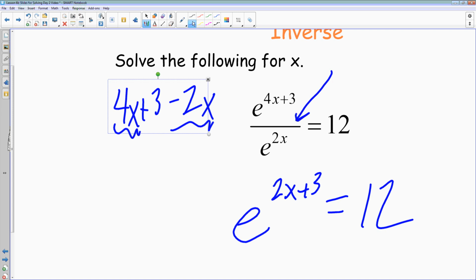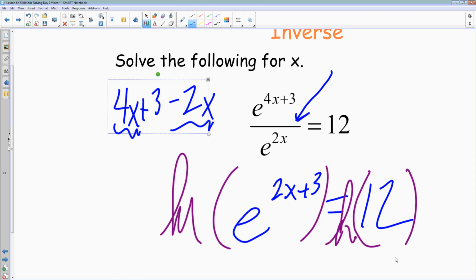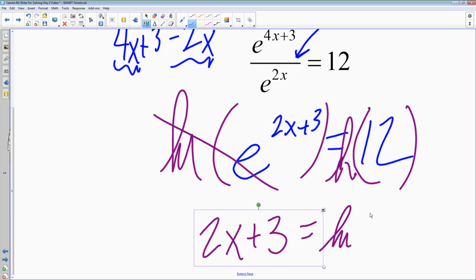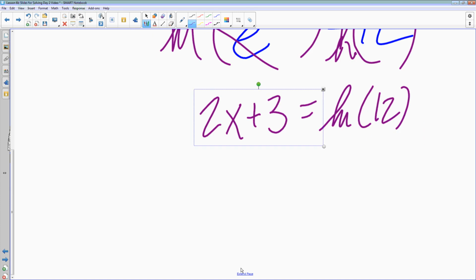How do we get rid of e? Well, we take the natural log of it. So when we take the natural log of that, that goes away, and we're left with 2x + 3 equals the natural log of 12. Okay, then just solve.